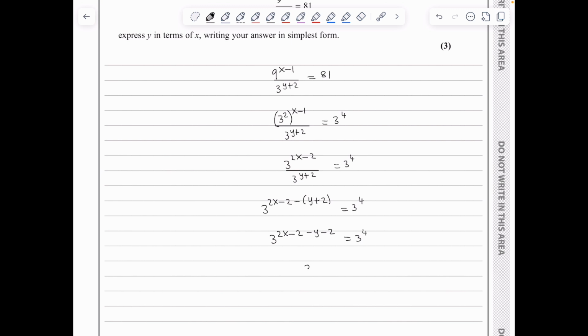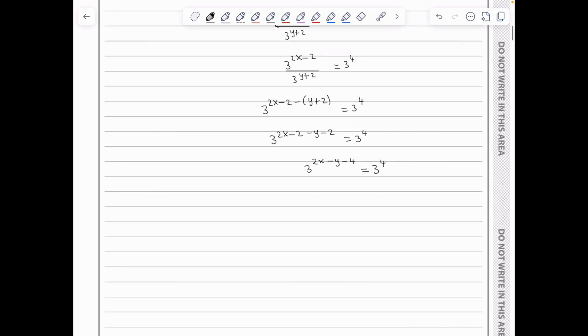And therefore we've got 3 to the 2x minus y minus 4 is equal to 3 to the power of 4. Now since each side of the equation is a single power of 3, then I can equate the exponents, the powers, and we've got 2x minus y minus 4 is equal to 4. Remember, we're trying to make y the subject here, so we've got 2x minus 8 being equal to y.